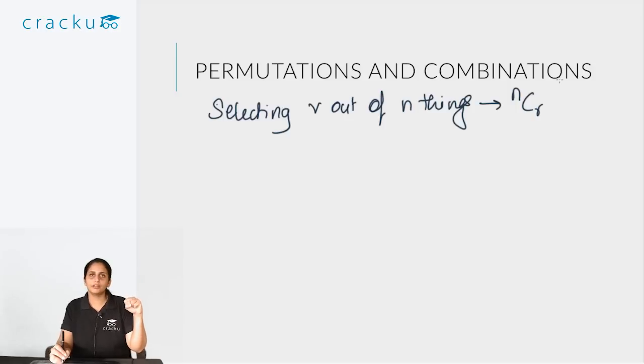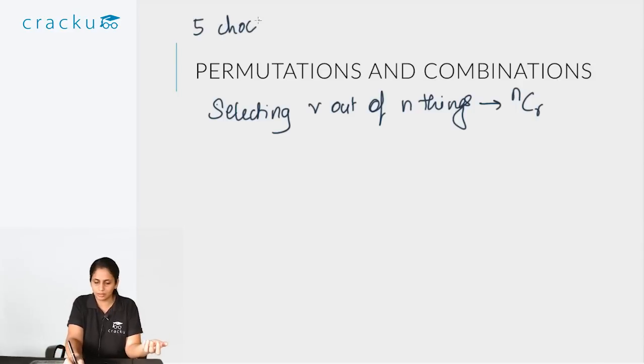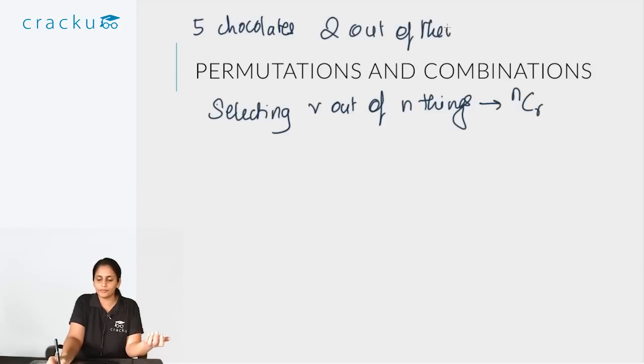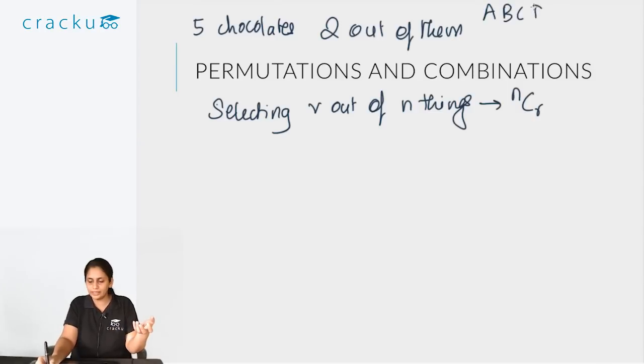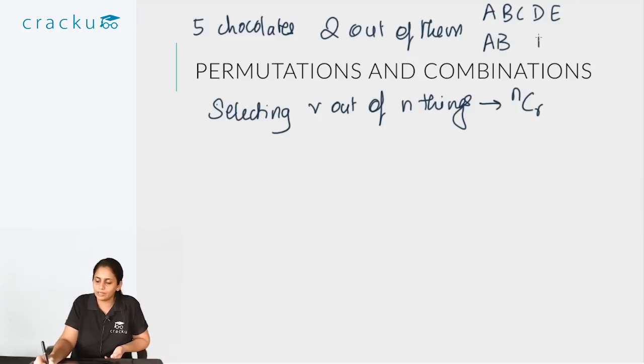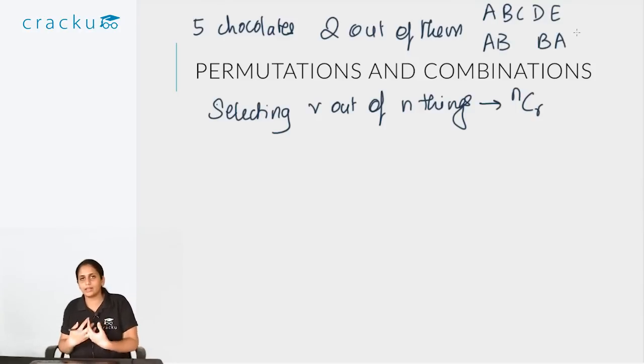For example, if I have 5 chocolates, A, B, C, D and E, and I have to pick 2 out of them, it doesn't matter if I get A, B or I get B, A, because essentially I end up with 2 chocolates.